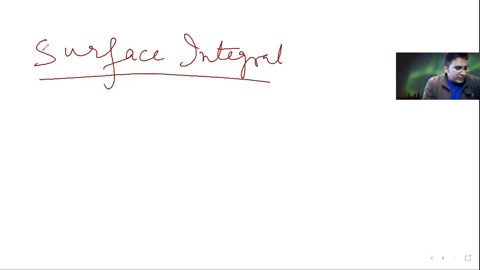So in case of surface integral, we have some vector field.